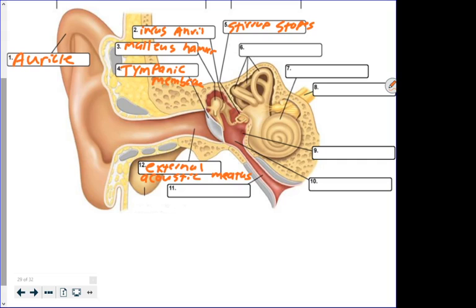We'll skip 6 and 7. We'll come back. I'll explain why in a second. Number 8 is your vestibulocochlear nerve. Vestibulocochlear nerve. 9 is called the round window. 10 we don't care about.